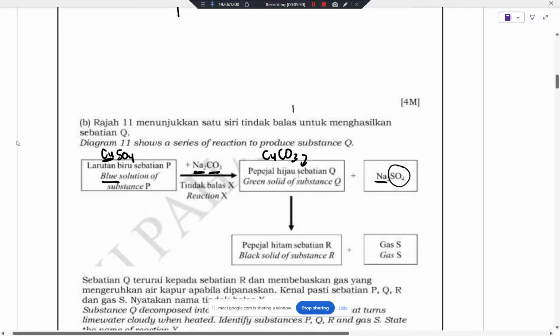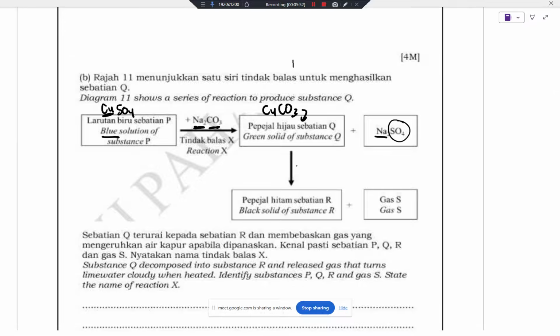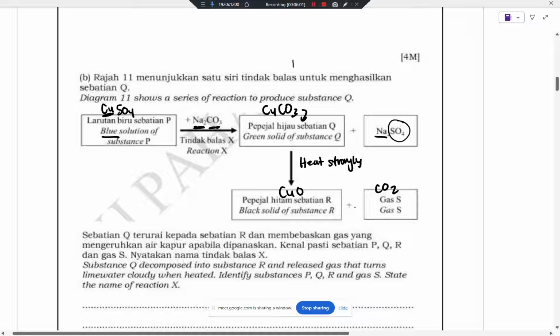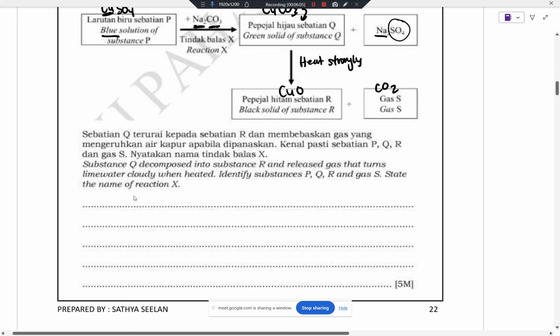And then copper(II) carbonate becomes a black solid when you heat strongly. Heat strongly, it becomes copper oxide plus carbon dioxide, because two products means heating of a carbonate salt. Okay, everything is found.